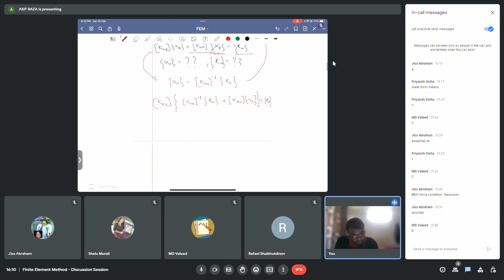Right, and again we know this UK is 0, so this term will also be 0. So this can be simplified as Kk Knk inverse Rn equal to Rk.